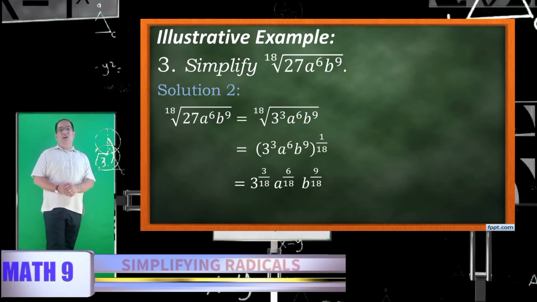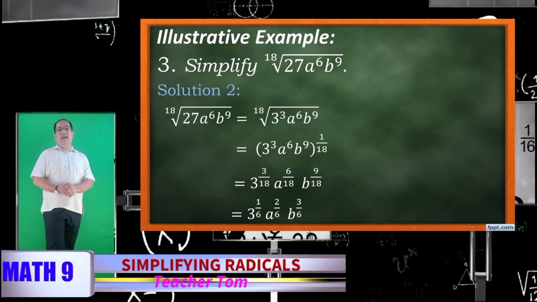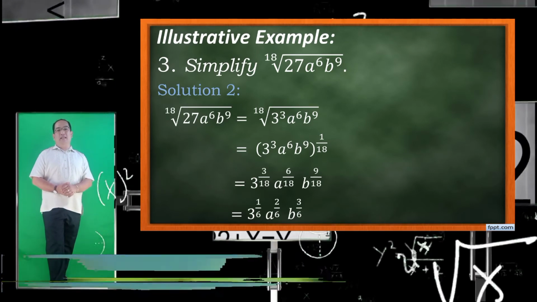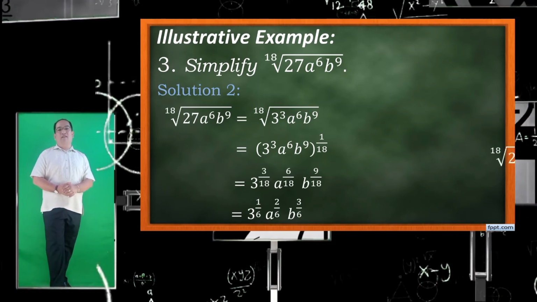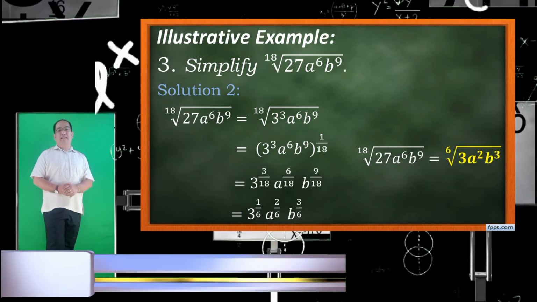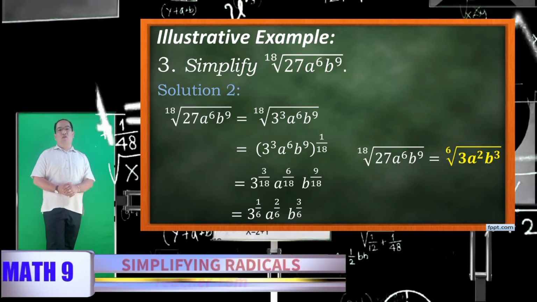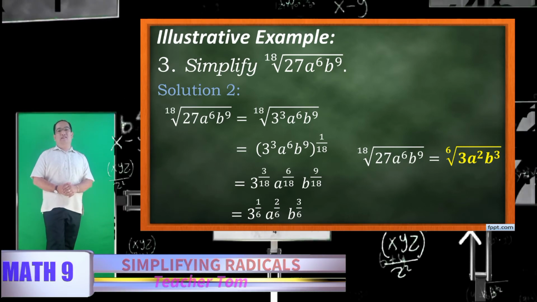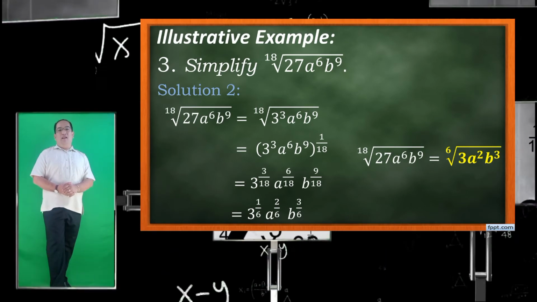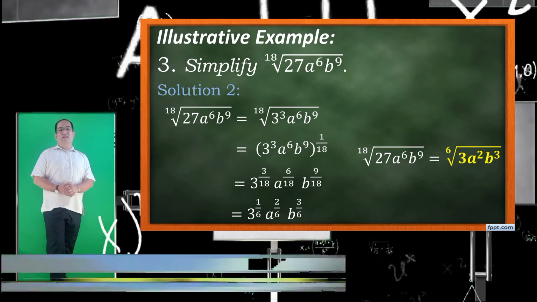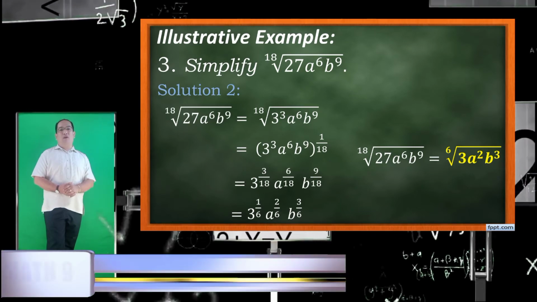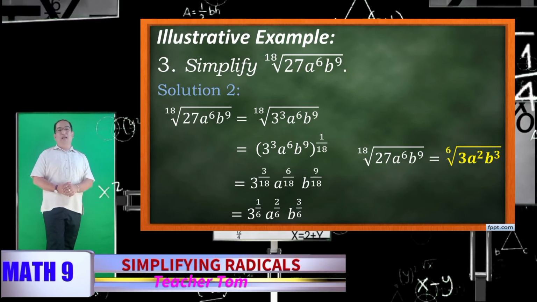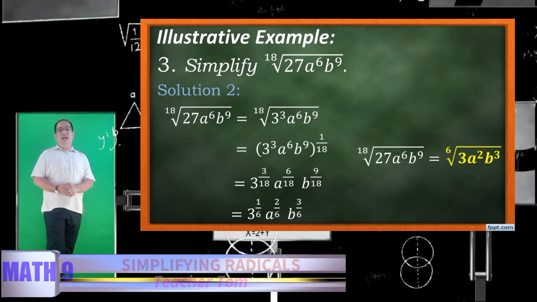So take the lowest term of these exponents, wherein the denominator is 6. So we have 3 raised to 1 over 6, a raised to 2 over 6, and b raised to 3 over 6. Therefore, the 18th root of 27a to the 6th power b raised to 9 is equal to the 6th root of 3a squared b cubed.